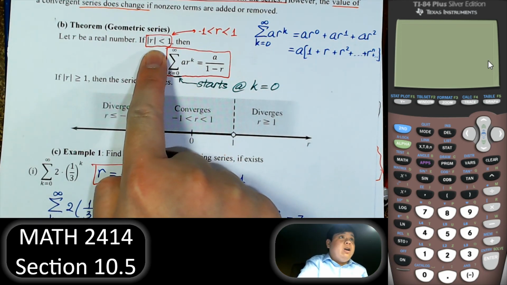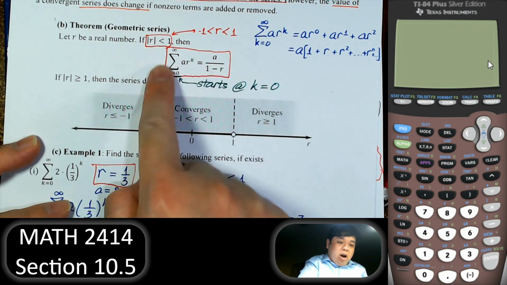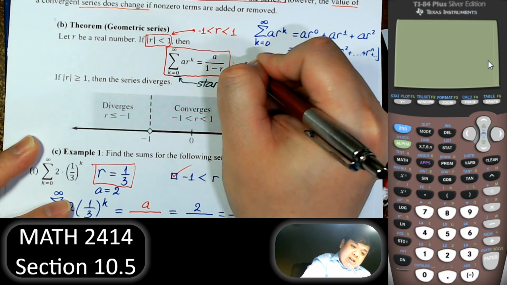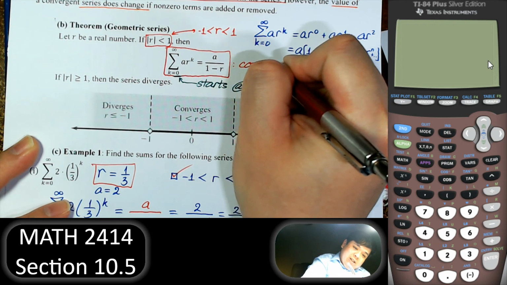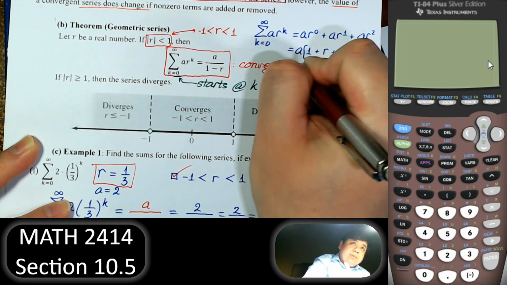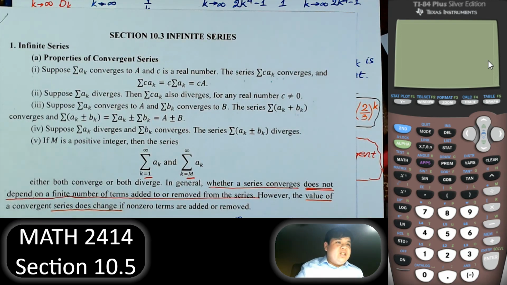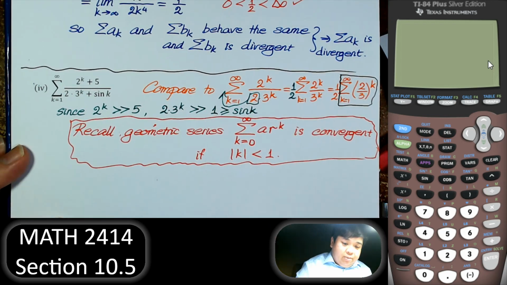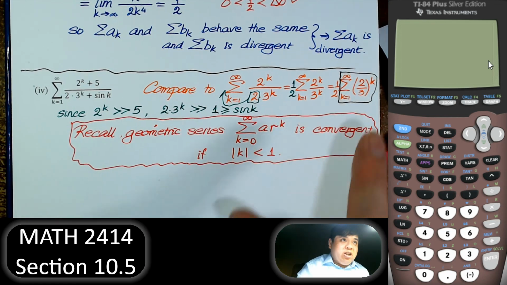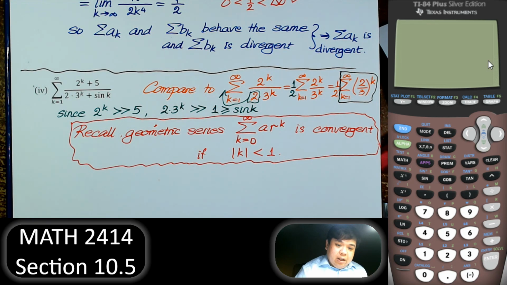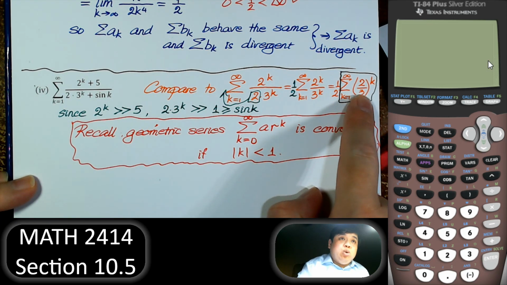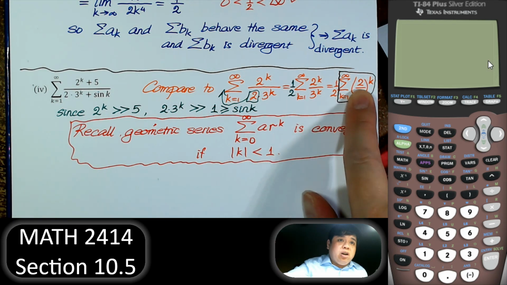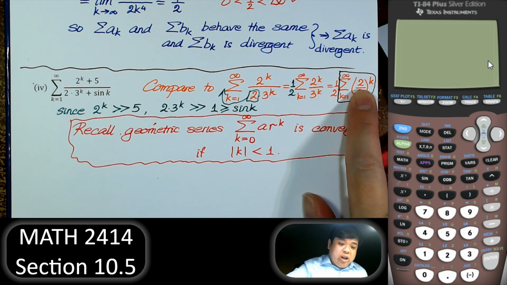Yeah, when the absolute value of r is less than 1, we have that. Of course, if it equals something, it will be convergent. That is in section 10.3. Right. So we actually compare to a geometric series this time. And that's because of 2/3. Whether we have the 1/2 inside or not, it doesn't matter. What's important here is the ratio.